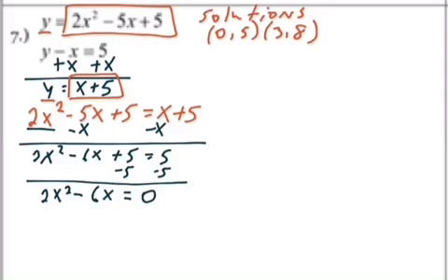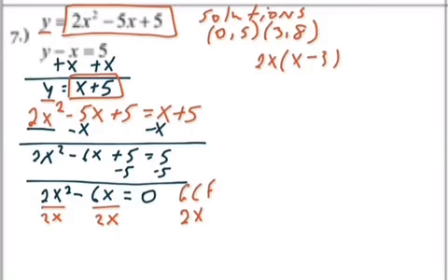To solve for x, you can either factor or do the quadratic formula. This type of factoring would be greatest common factor. The greatest common factor for this would be 2x. So if you divide out a 2x, you'll end up with 2x parentheses x minus 3 equals 0.